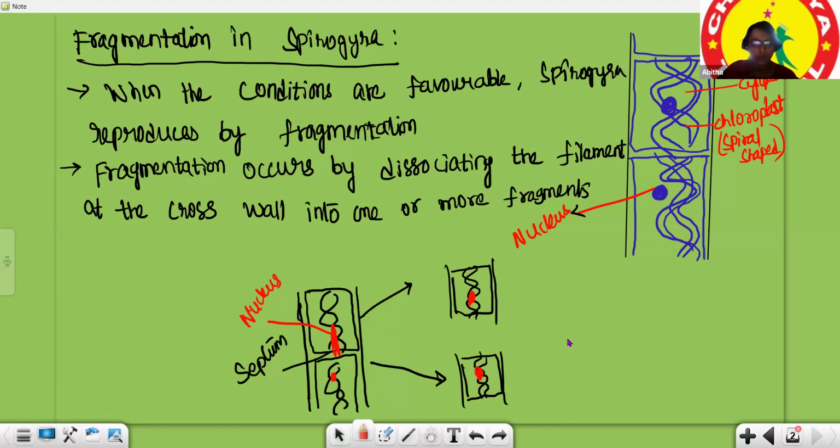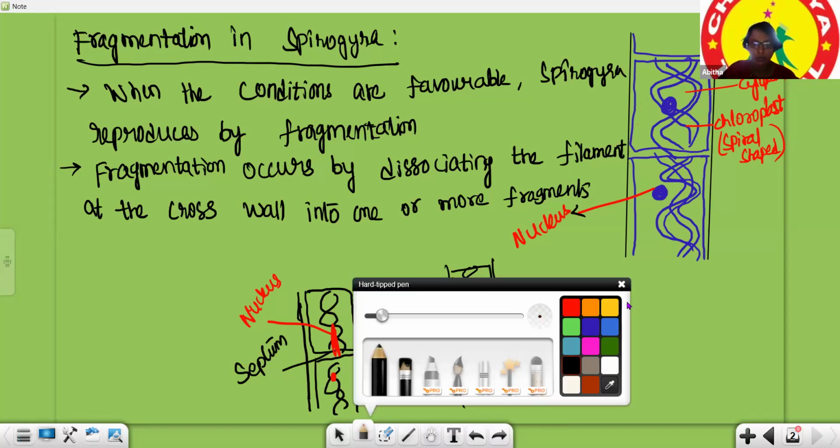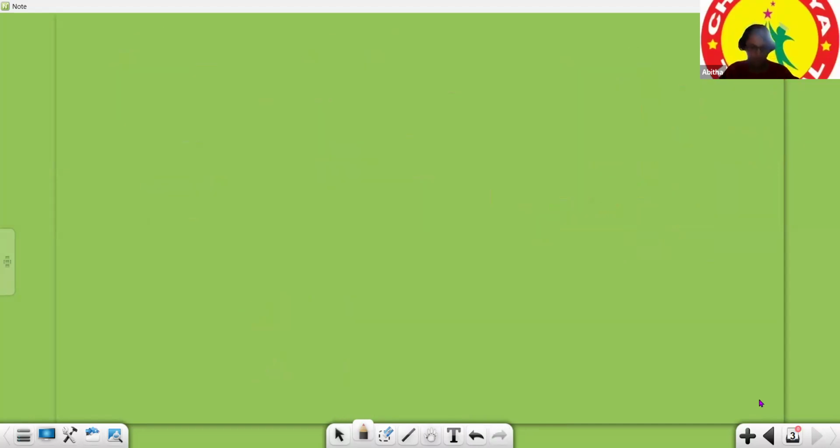So they give you one or more fragments. These pieces will later grow into new individuals.